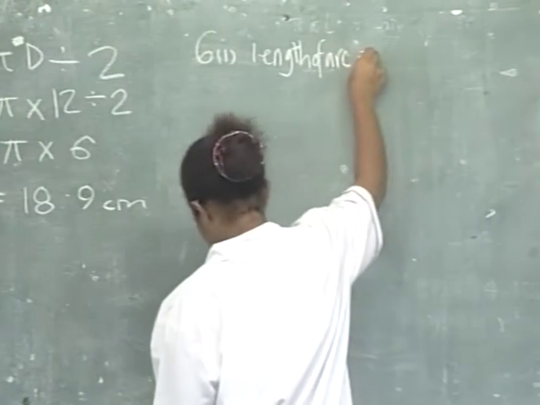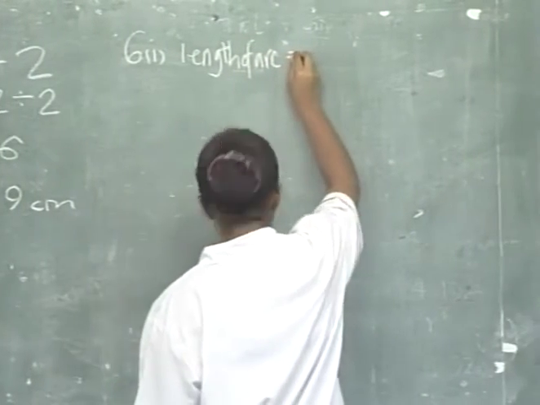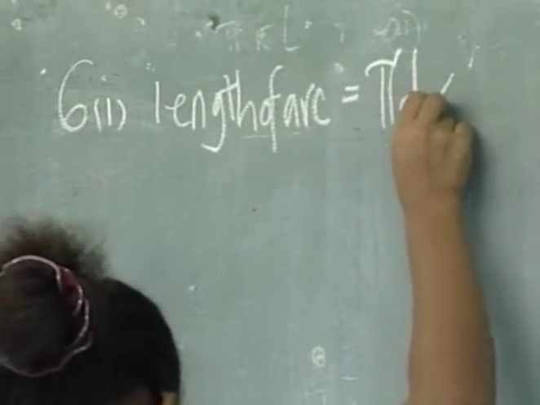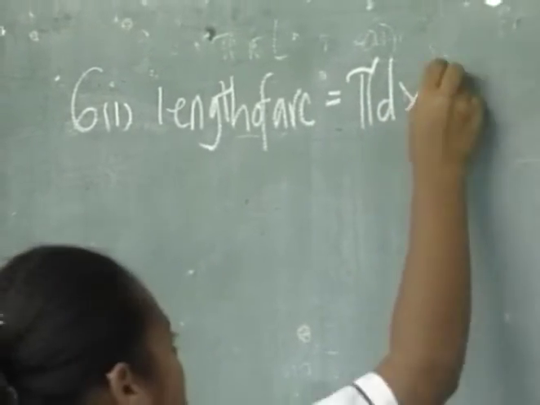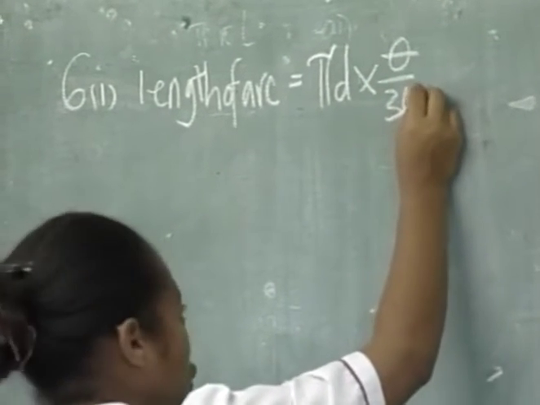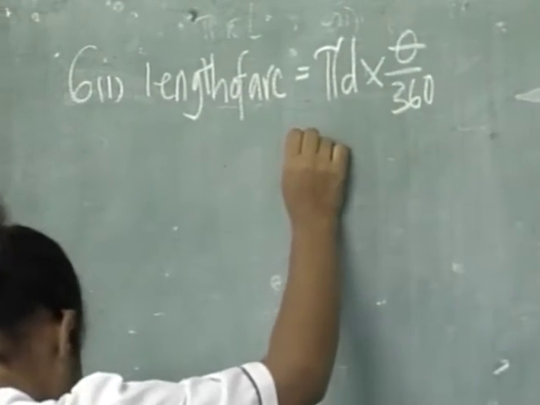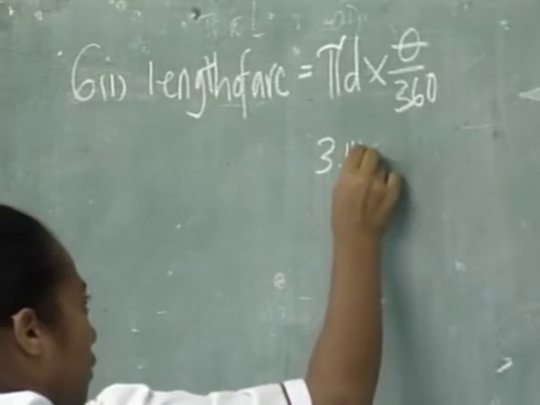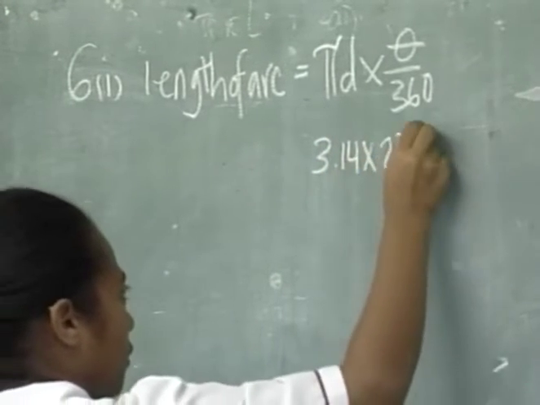Oh, but 18.8. Yeah. 22 divided by 7. Multiply by 6. Yeah.